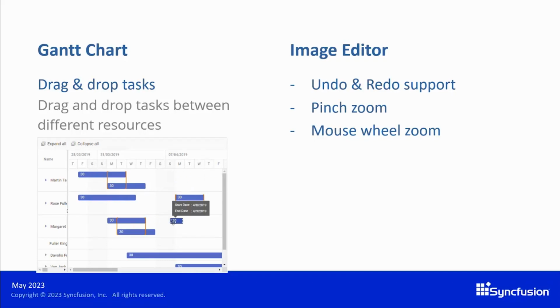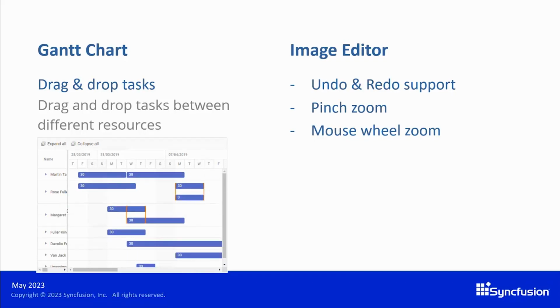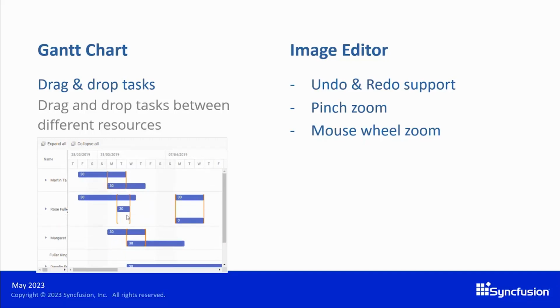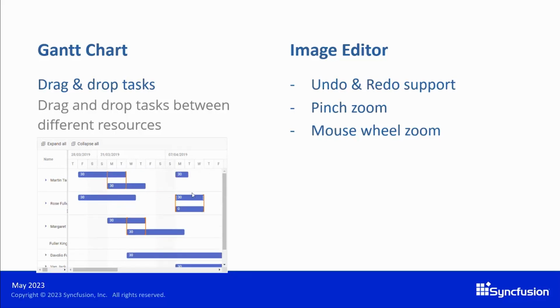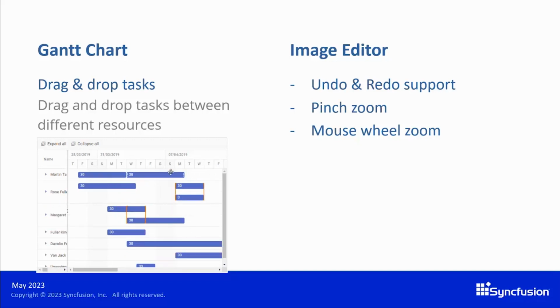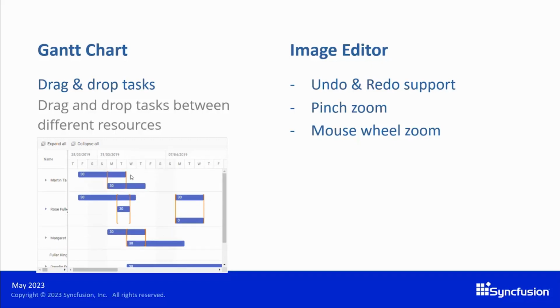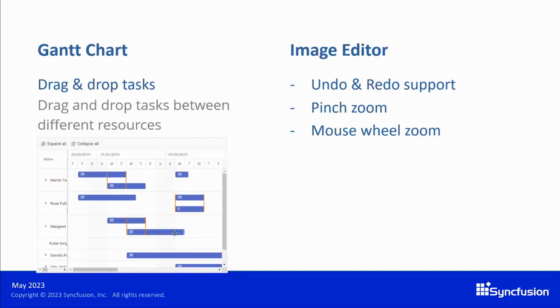So now when you want to zoom in or zoom out the images, in touch devices you can make use of your two fingers to pinch and zoom in and zoom out. And for the mouse wheel zoom, when you press the control key along with the mouse wheel, you can perform the zoom in and zoom out options.